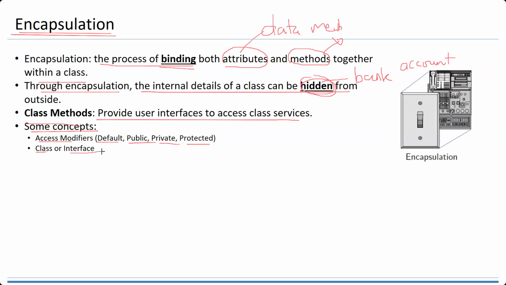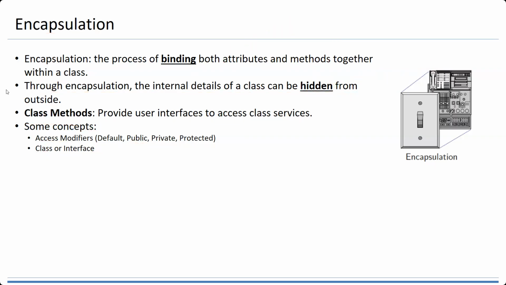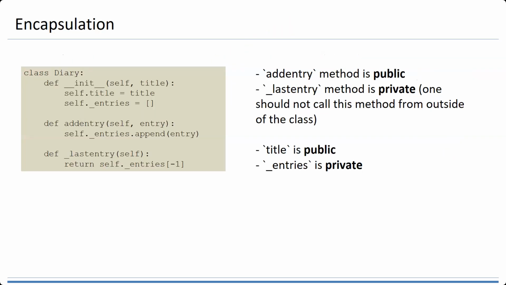We can create a class or interface. So just an example. Whenever you see a class, and if you look at the class with the underbar, like this one, this is private. So in Python, they already define that if you use a very common variable like this one, title, for example, this is public data. And if you use underbar, this will be included as private data.